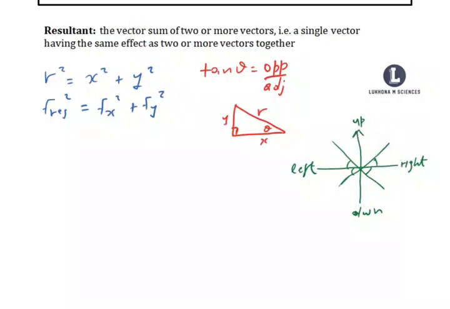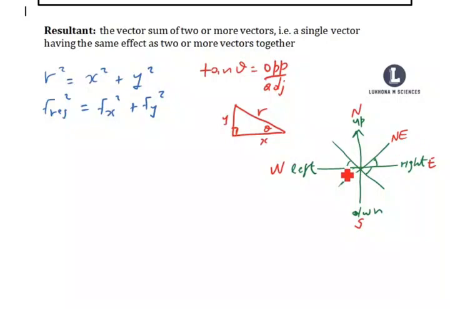The compass we have north, south, east, west. Which means this angle is above east, so it is north of east.